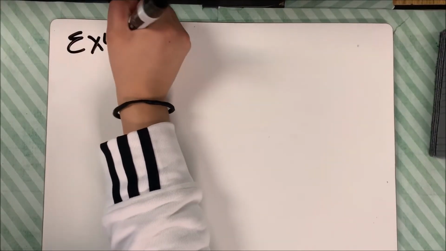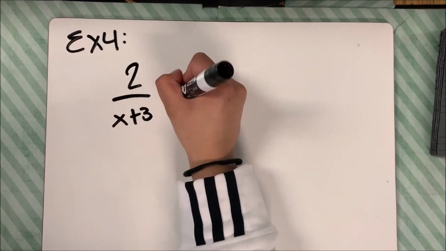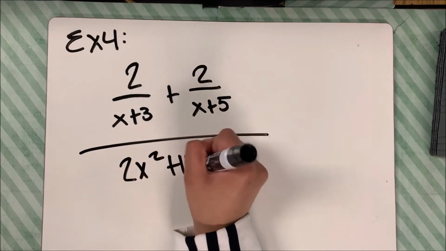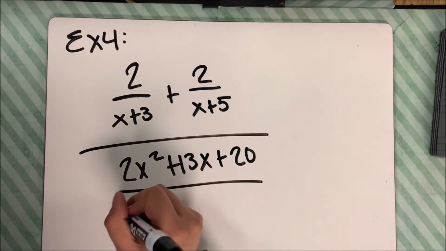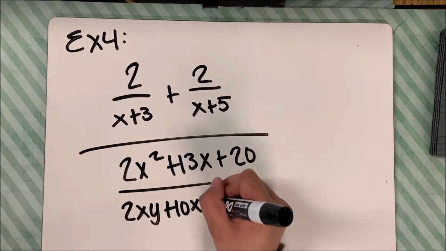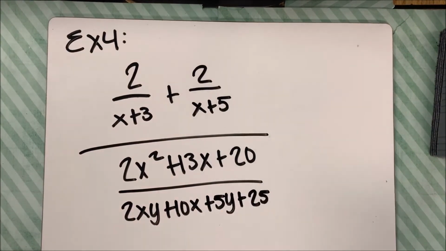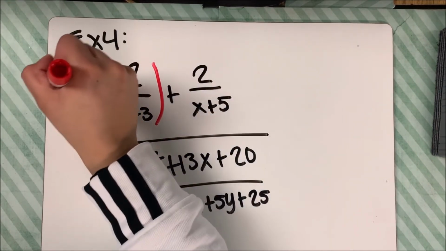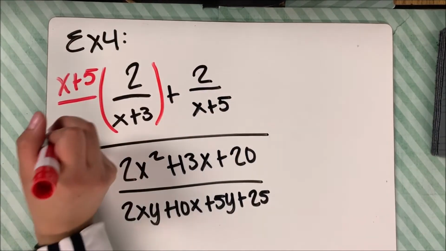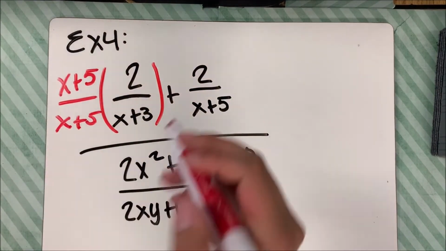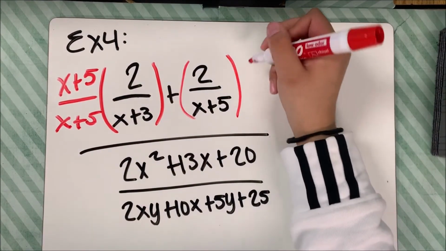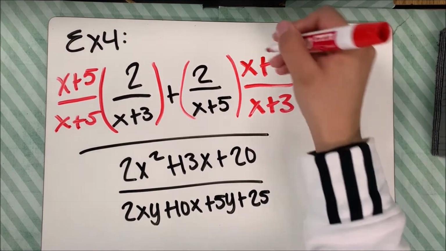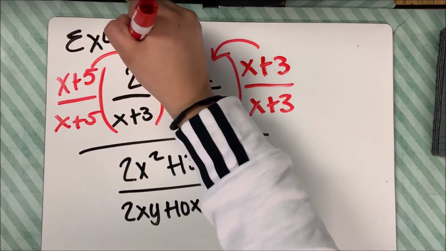In example 4, we have 2 over x plus 3 plus 2 over x plus 5 all over 2x squared plus 13x plus 20 all over 2xy plus 10x plus 5y plus 25. On this side, we have to multiply x plus 5 top and bottom to get common denominators, as well as this side, where you multiply x plus 3 over x plus 3.